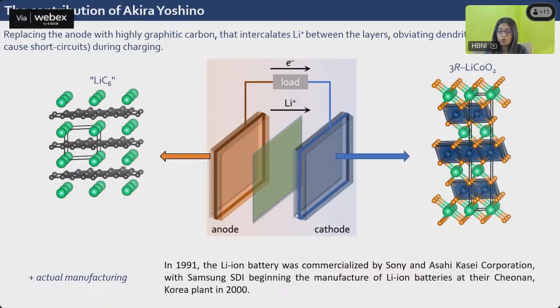So he had an LCO cathode and a carbonaceous anode, and lithium could move between the cathode and anode with charging and discharging. The cyclability improved remarkably, because now there was not much of a problem with lithium dendrite formation. And so this was basically the birth of the lithium ion battery.